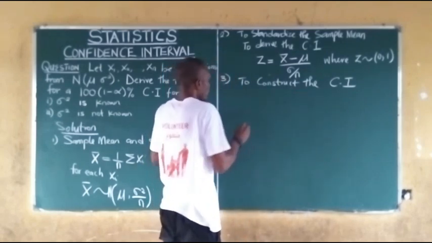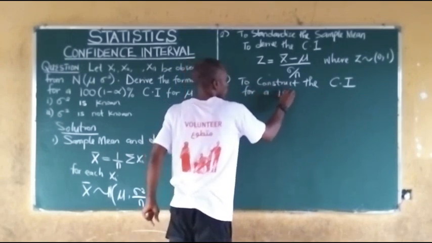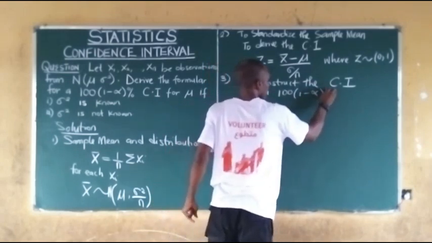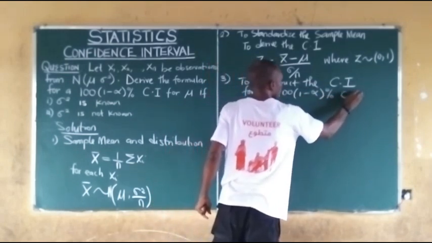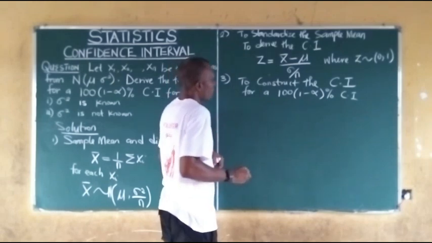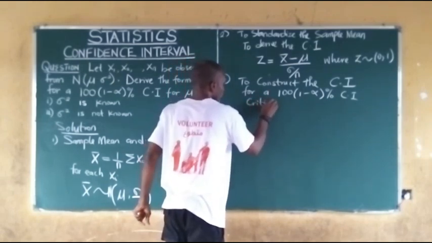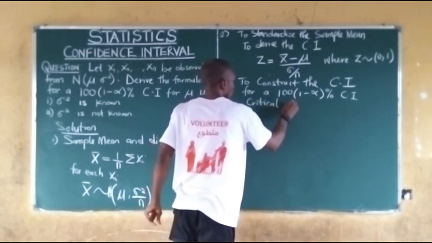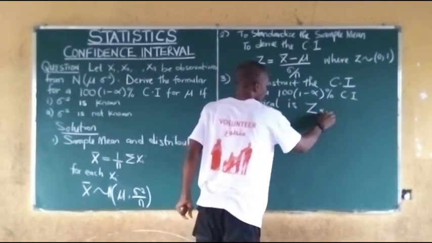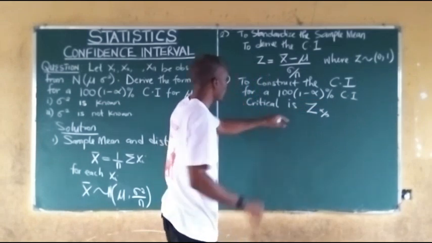To construct a 100 multiplied by 1 minus alpha percent confidence interval, we need a critical value. And our critical value is, say, z alpha over 2.